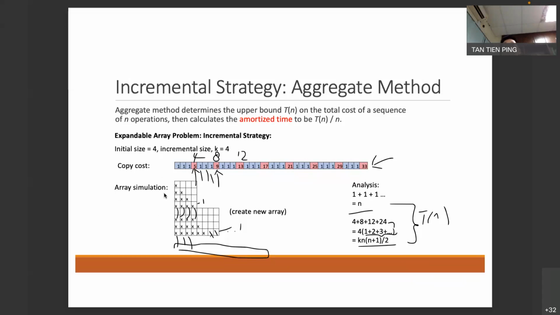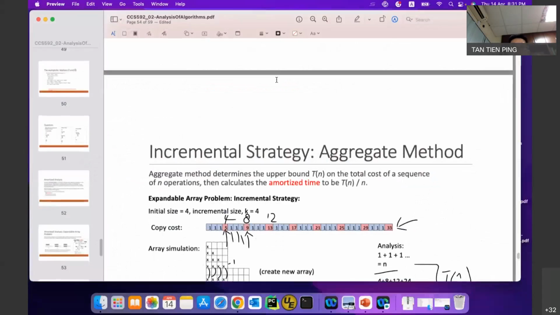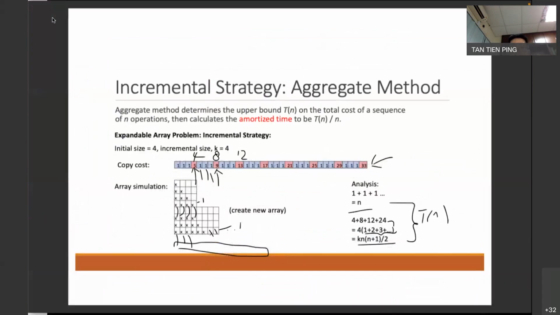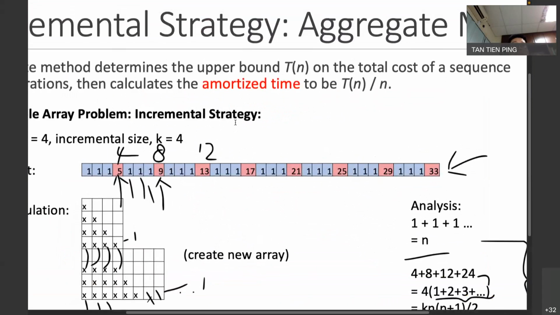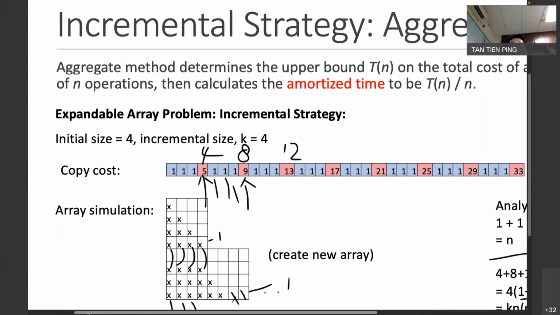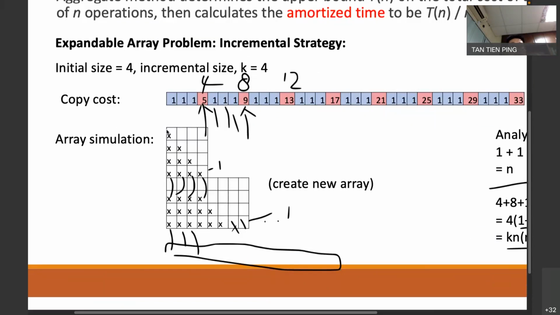Okay, can you see it right now? So this is the cost of the add operations. This is the array simulations.